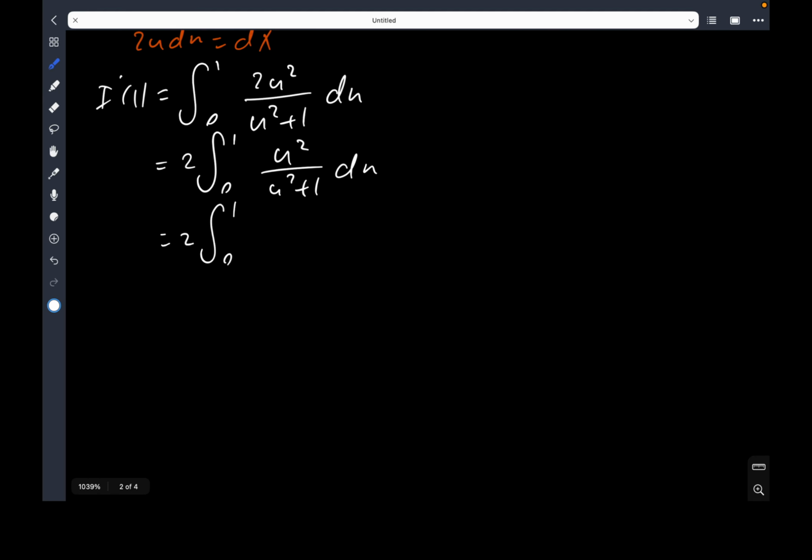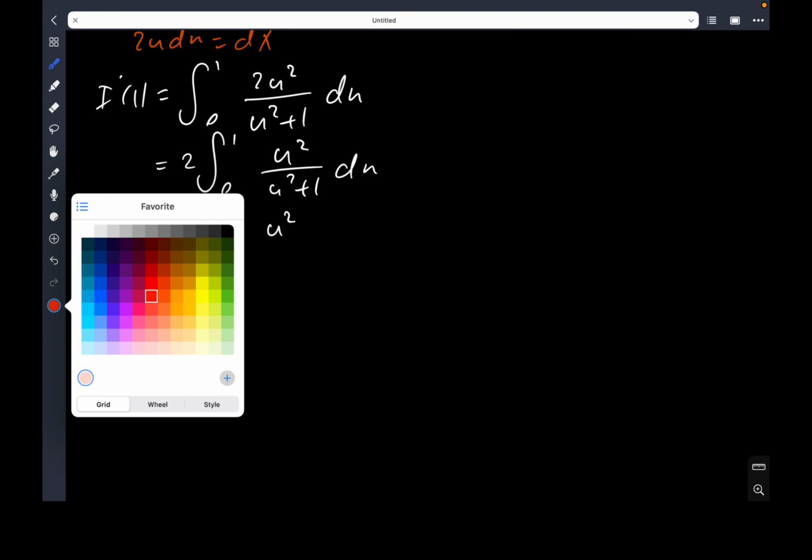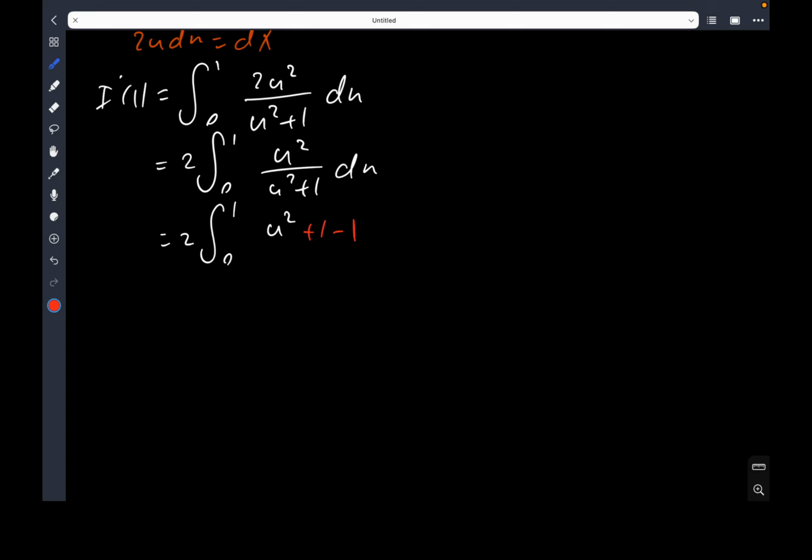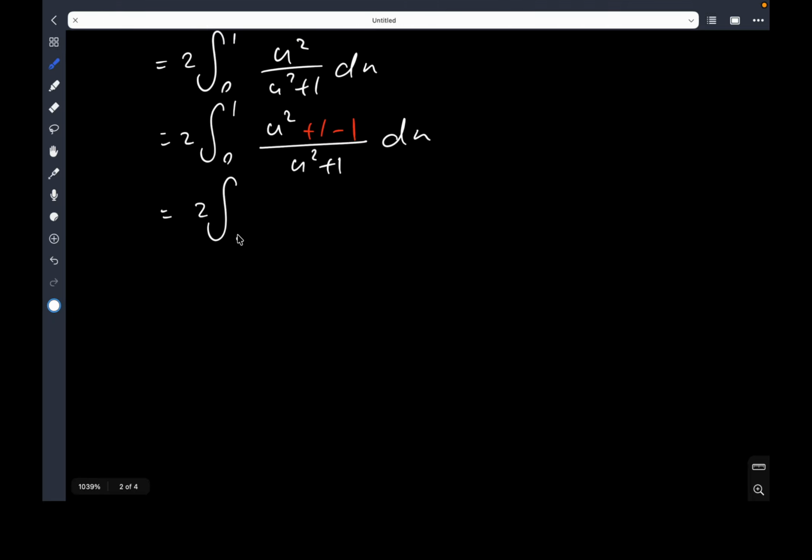Well, we can add and subtract a 1 here, so we've added 0. We're allowed to do that in math. So it's going to be 2 the integral from 0 to 1 of u squared plus 1 over u squared plus 1 minus 1 over u squared plus 1 du.